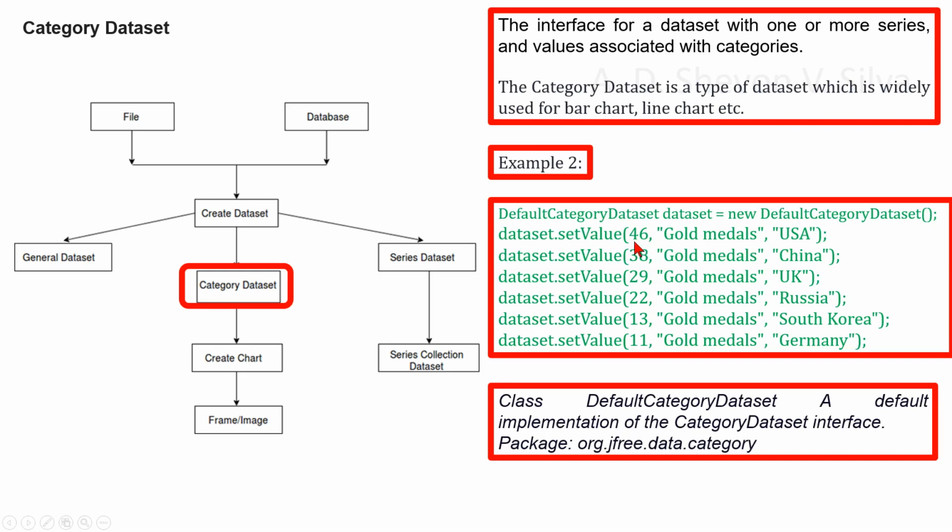Here, this is the value, null permitted. This is the row key, the row key null not permitted. Column key, the column key null not permitted.